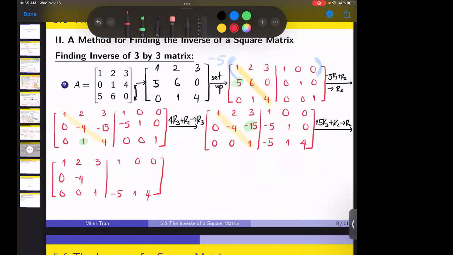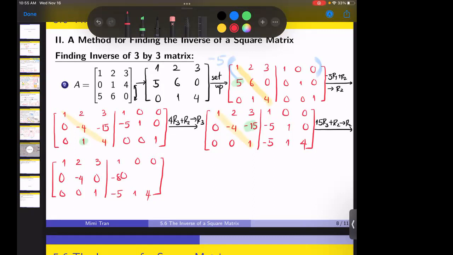15 times 1 is 15 plus -15 is 0. 15 times -5 is -75. Add to -5 is -80. 15 times 1 is, where am I?